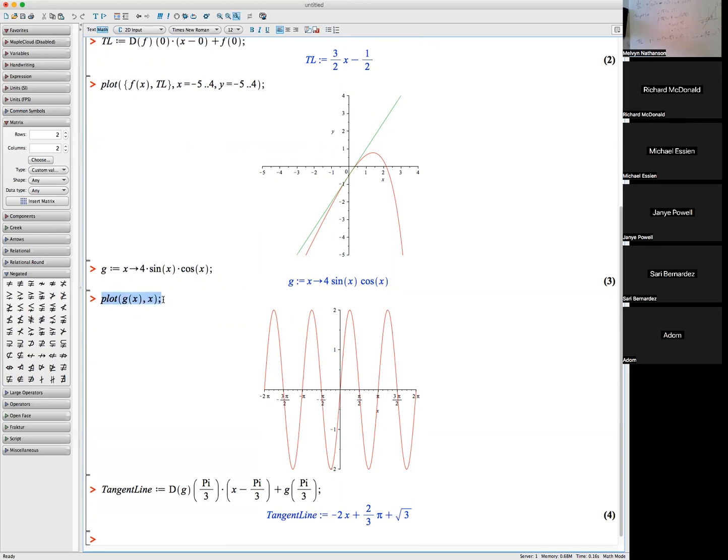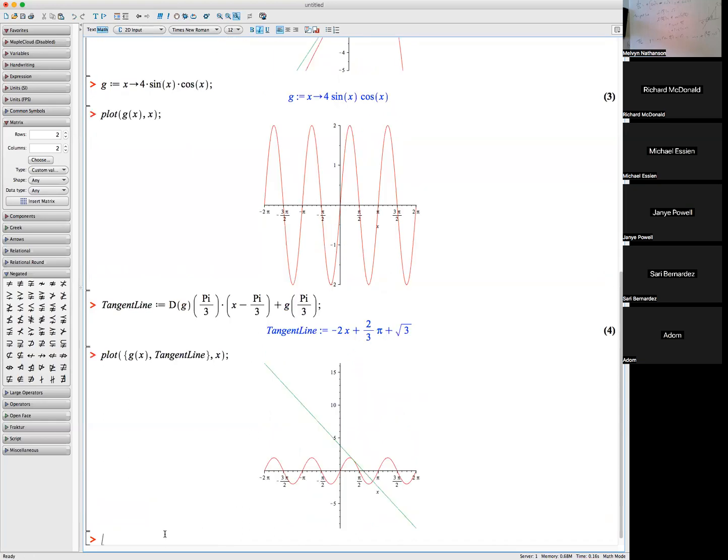Now, if I graph the two together, so inside curly brackets, this time I'm going to write g of x and tangent line. So there's the curve with the tangent line.